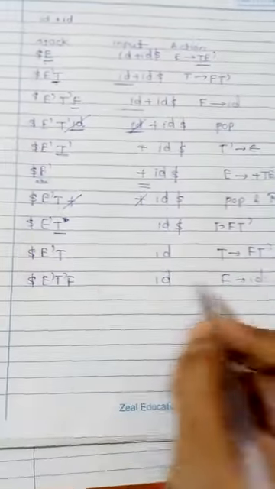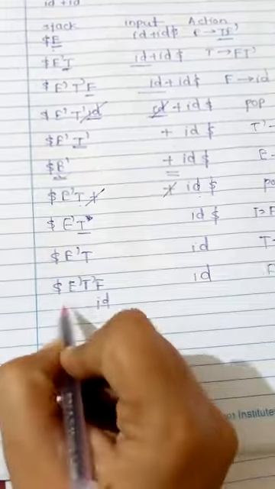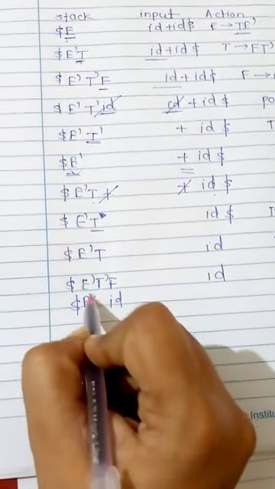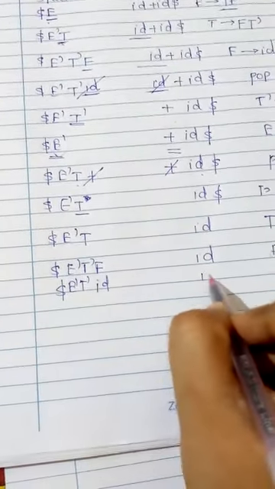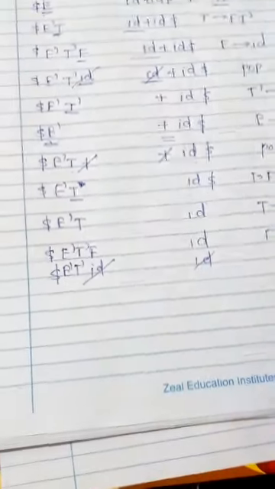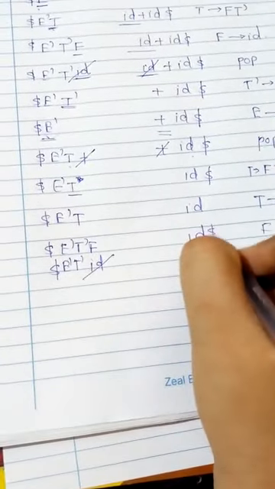As you know, F on id is F gives you id only. So I will write here id, dollar E dash T dash id. Now id will get replaced. Here it is dollar. Getting it?